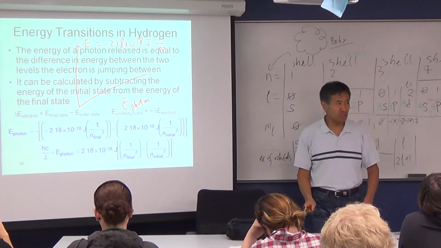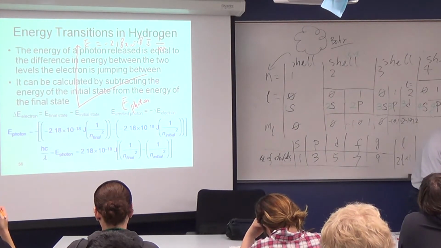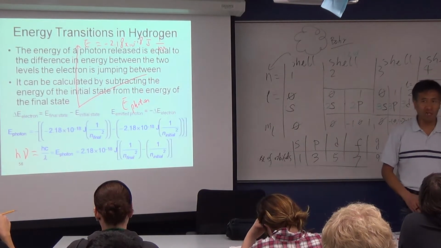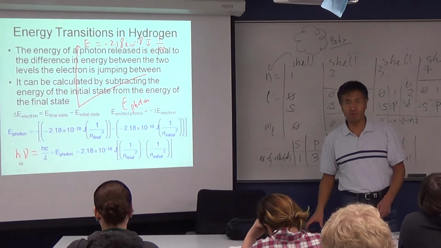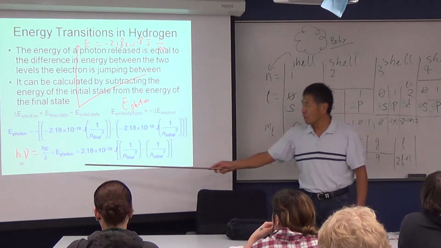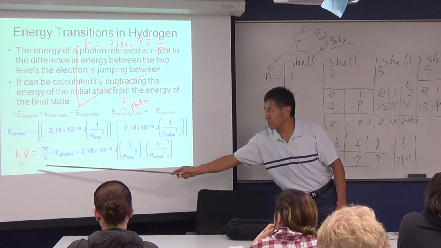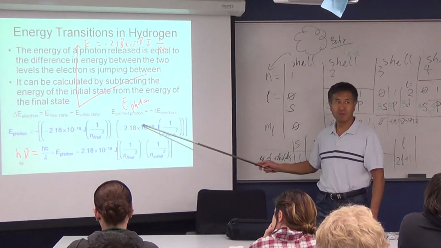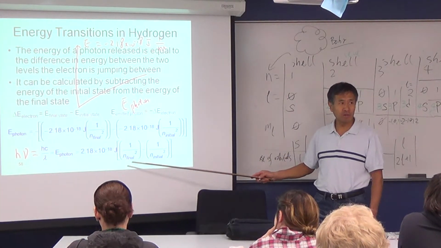If you don't want, you can just use h times nu equal to that. Depending on what you want to find out, it is quicker. If you just want to find lambda, just say hc over lambda equals this.